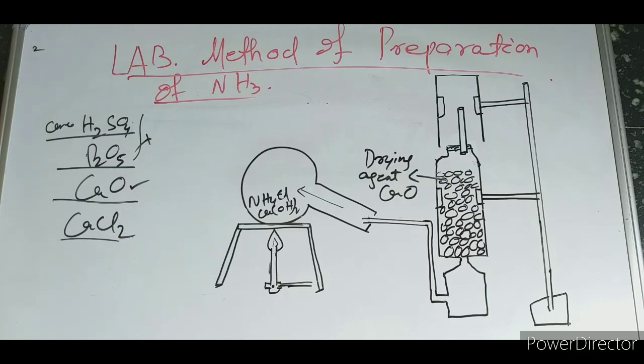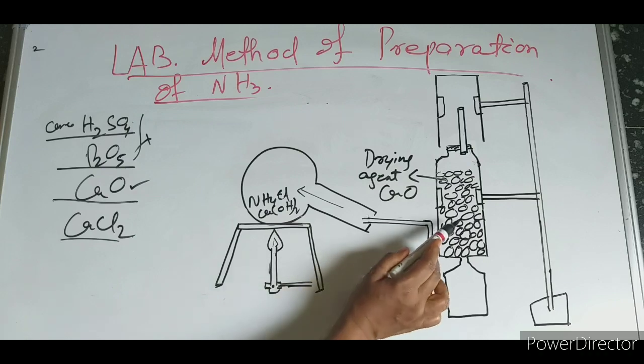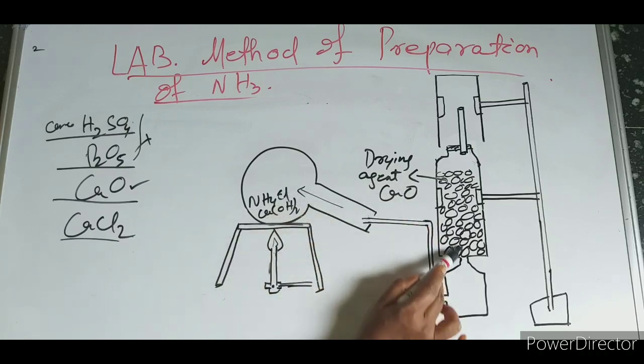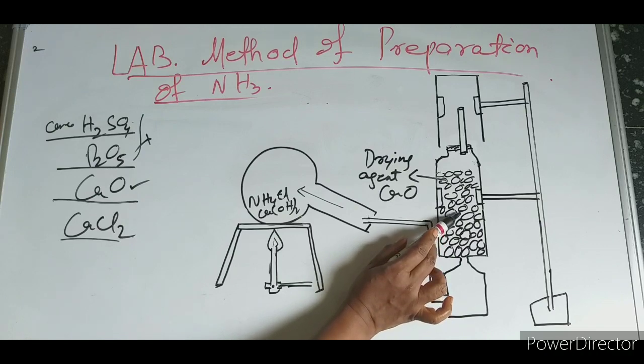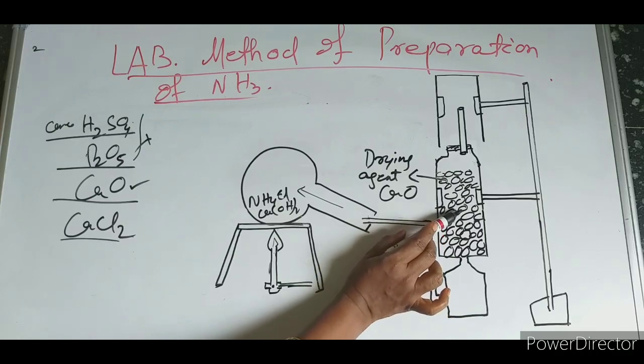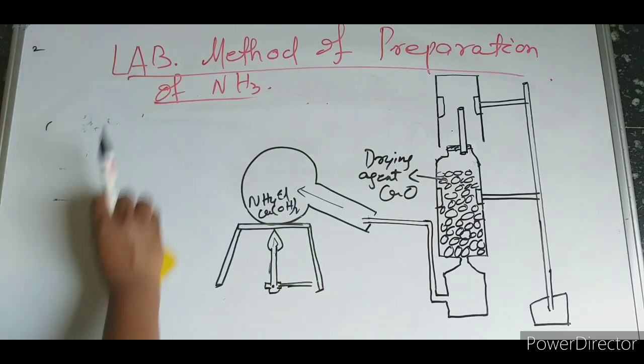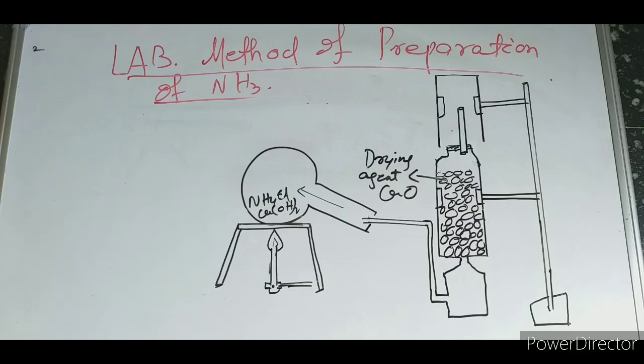That is why it is also not used. So calcium oxide is taken, the ammonia gas is allowed to pass through this drying agent, and then it is collected here. How is it collected?